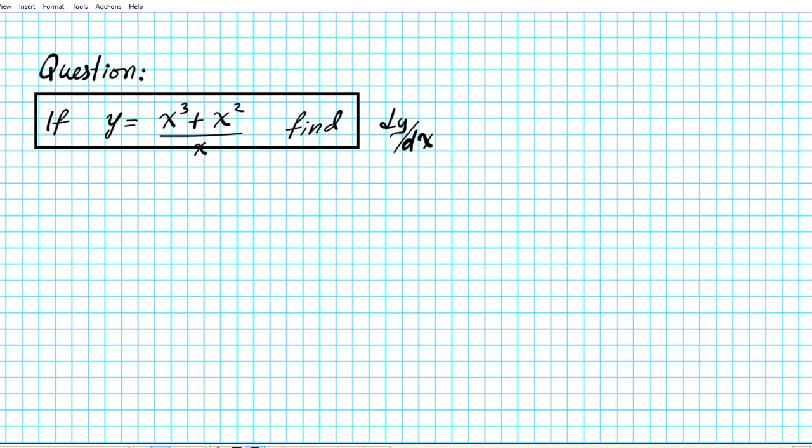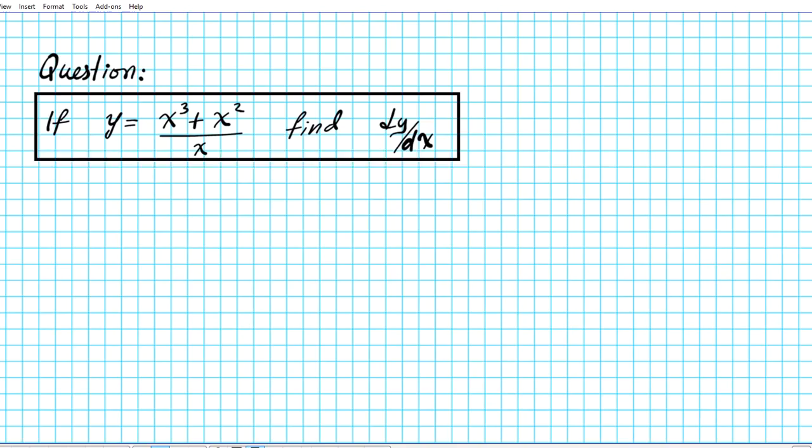If you take a look at this problem, you say, oh, y is a quotient of two functions. The numerator is a cubic binomial and the denominator is a linear monomial.